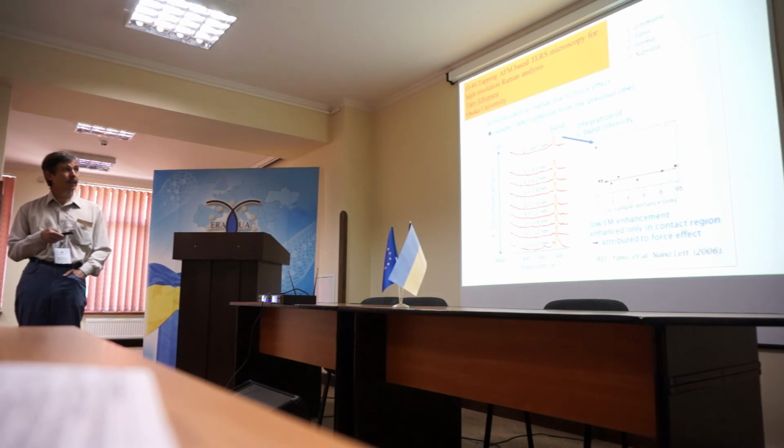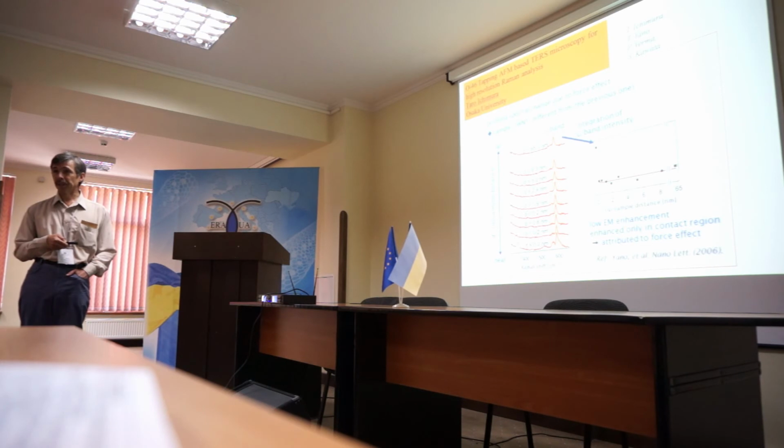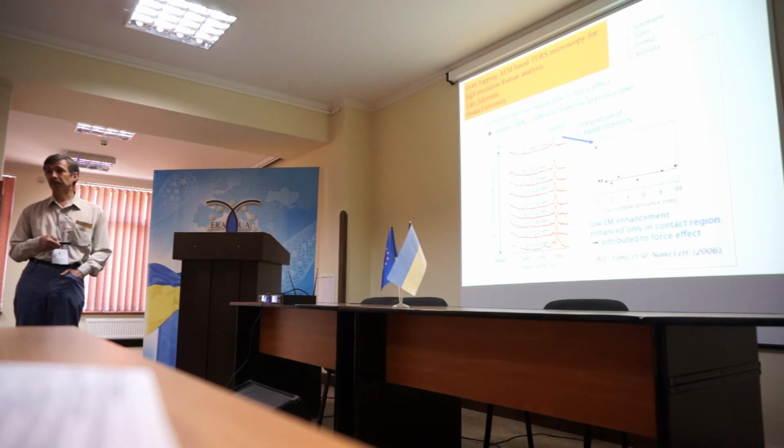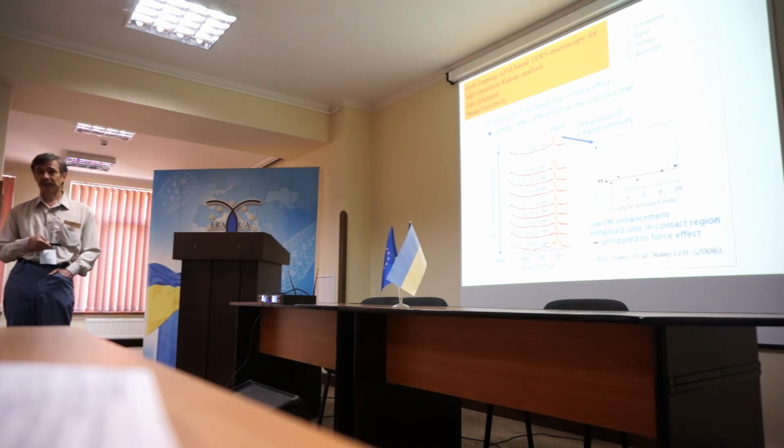And you may see here the distance of the movement of the tip. So the last step, when he started to press the carbon nanotube, is only 2 angstrom. Surely nobody knows whether the nanotube was pressed by 2 angstrom or a fraction of an angstrom, but you may see a clear change of the Raman spectrum in this case.